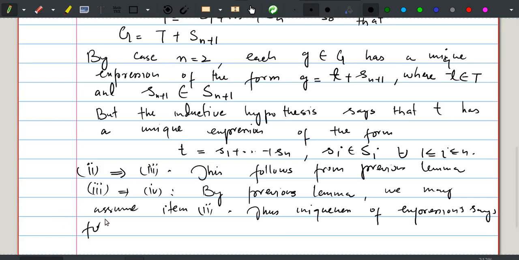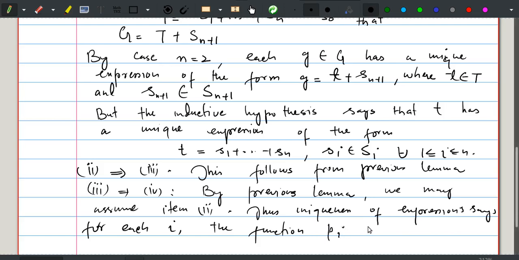for each i the functions Pi from G to Si are well defined.